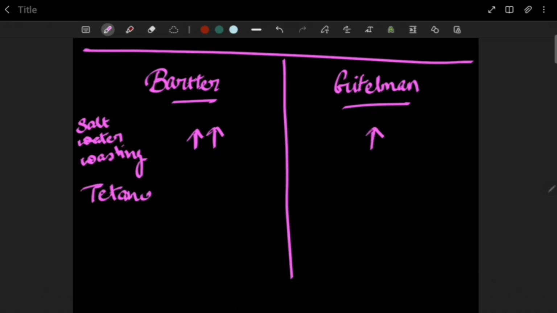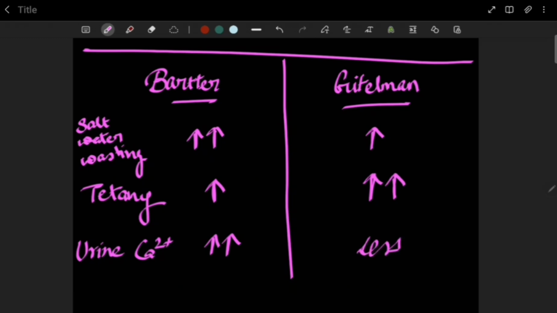Tetany is due to hypomagnesemia, which is less in Bartter than in Gitelman. If we talk about the urine calcium levels, then it is more in Bartter syndrome, less in case of Gitelman.